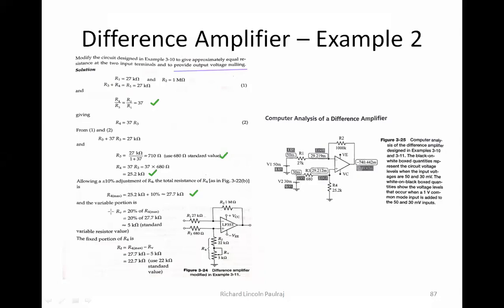Because I am taking the plus or minus 10% tolerance into consideration, because practically we have to think about it. So 20% of not R4 but R4 max. If I take 20% of that, please check and tell me if you're getting about 5K.